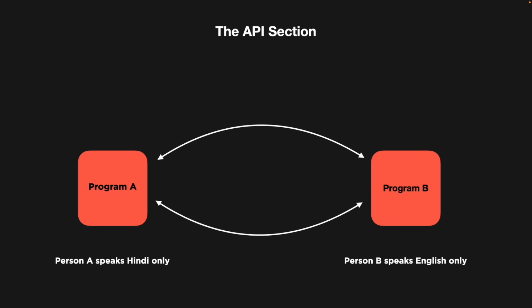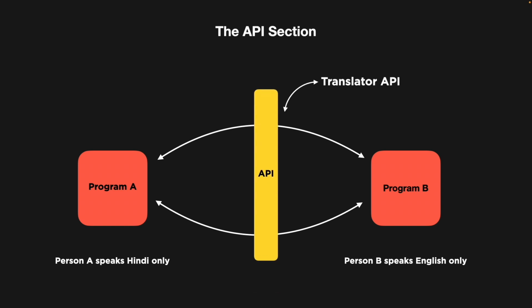Now at this point, both of them speak different languages and do not understand each other. So what can we do? Well, we can build an interface in between these two programs so that they know how to interact with each other through this bridge in the middle. That is essentially what an API does. It bridges the communication between different pieces of software.